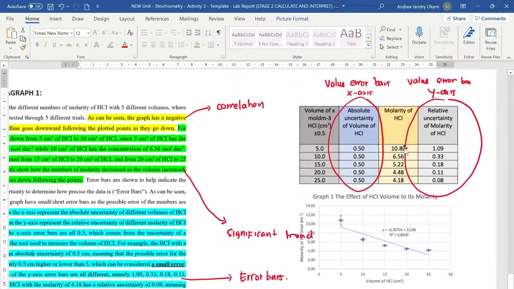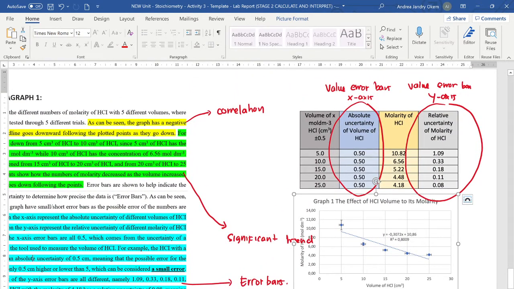How can we say it is small? Can you see the absolute error bar for the x-axis, the independent variable? 0.5 and 5. If you compare 0.5 and 5, of course 0.5 is so small. It's only about 1/10, so we can categorize it as small error bars.